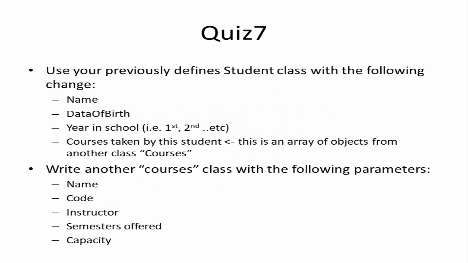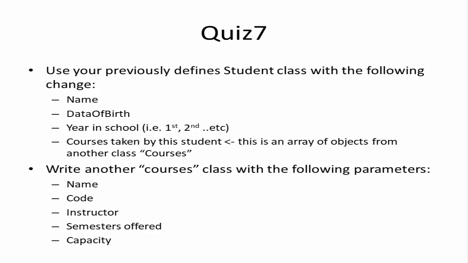So for now, we're going to have a quiz, and what we're going to do is, using our previous quiz class, which we call Student, I want you to update one thing. I want you to update the courses instance variable to be actually an array of objects from another class that we call Courses. So what you need to do is define another class that you call Courses.